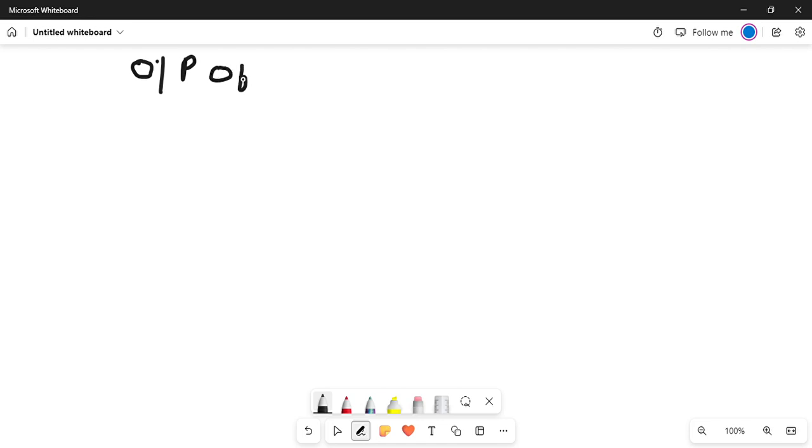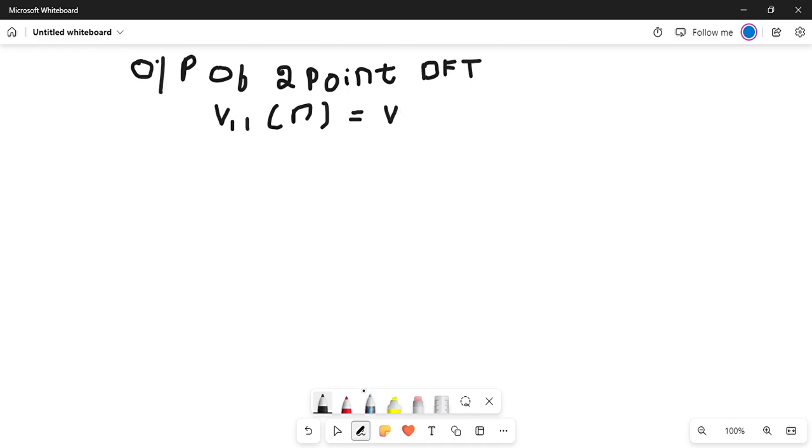When you solve the 2-point DFT, you are supposed to get the output, that is V11 of n till V22 of n.